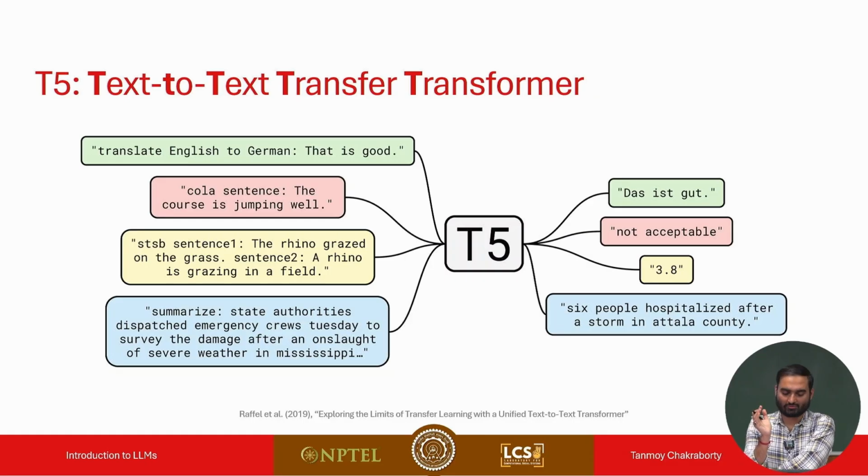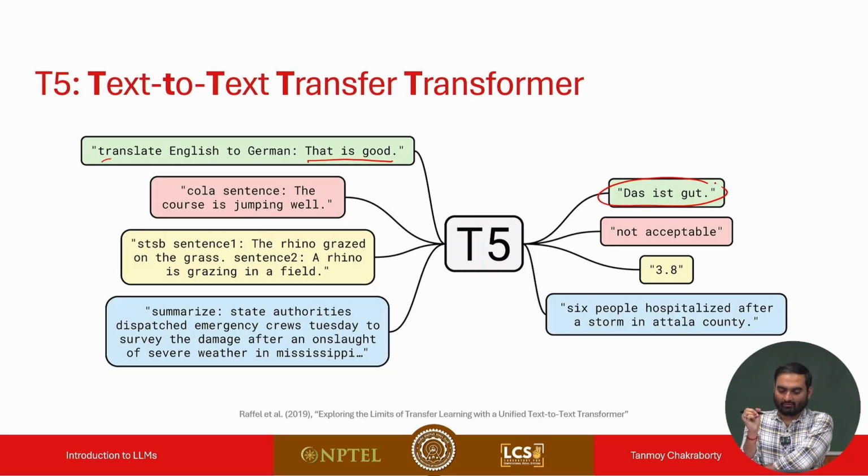every problem can be mapped to a text-to-text problem. For example, let's say you want to translate an English sentence to German. So in your encoder, you write this prompt, translate English to German. This is your prefix, and then this is the sentence, and your output will be the German version of it.